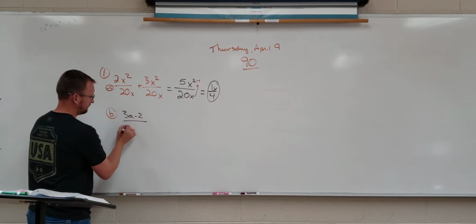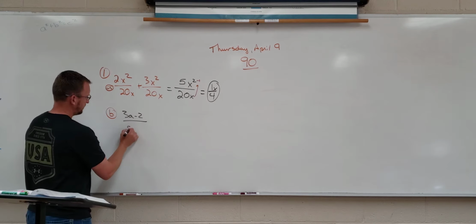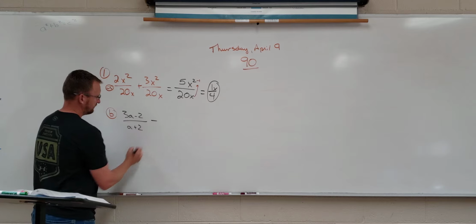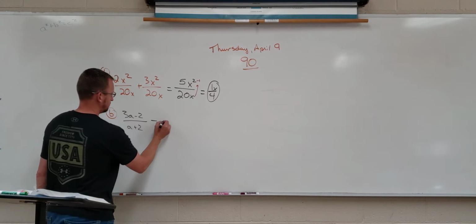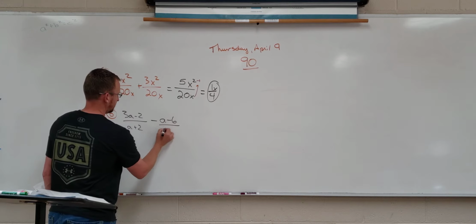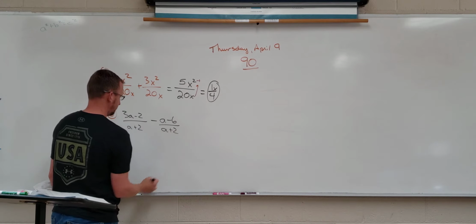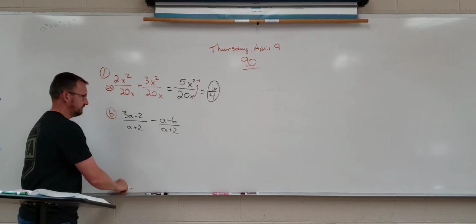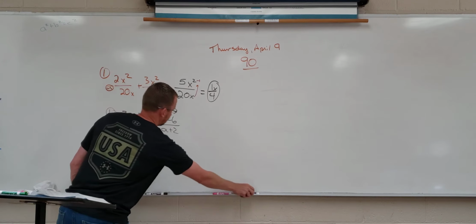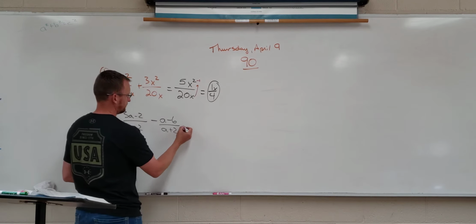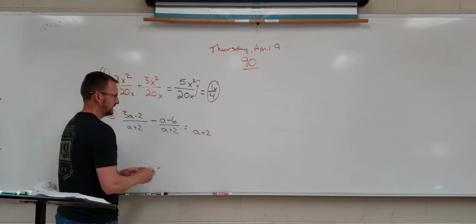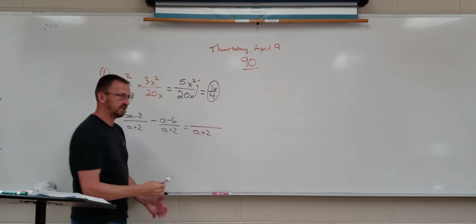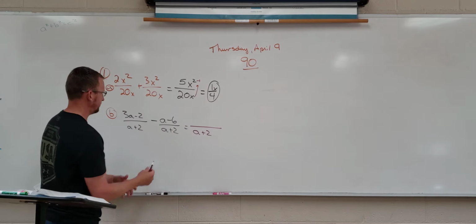3a minus 2 over a plus 2. Now we've got a minus sign in the middle. A minus 6 over a plus 2. Again, denominators are the same, so we can add. Got a plus 2 on the bottom. Now the top I'm going to write out because I want to make sure you're understanding this.